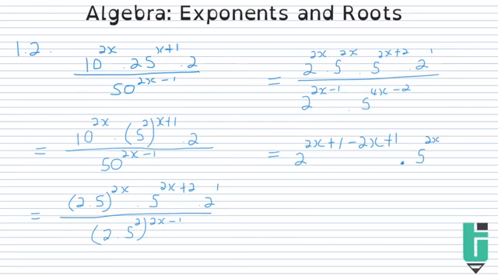Since it's the same base, we're just adding the exponents. So plus 2x plus 2. And at the bottom, we have a 5 to the 4x minus 2. So we're just going to subtract that. So we'll say minus 4x, and we have a minus negative 2, so that becomes plus 2. Okay, cool.